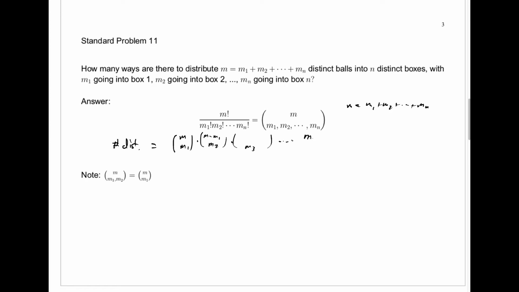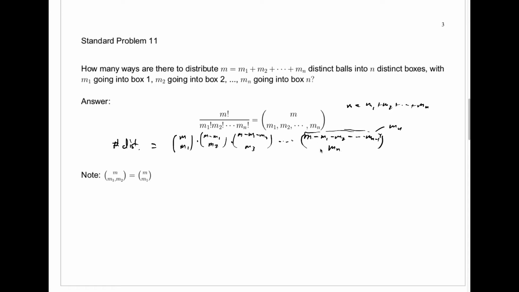For box 3, the number of balls we have left is M minus M1 minus M2. For box n, we'll have M minus M1 minus M2 all the way up to M sub n minus 1. That's the number of balls we'll have left, and I'll have to choose M sub n of them to go into the nth box. Notice that this number on top here is exactly M sub n, because when you take M and you subtract off all M1 through M sub n minus 1, you get exactly M sub n left. So this last combination symbol is always 1.